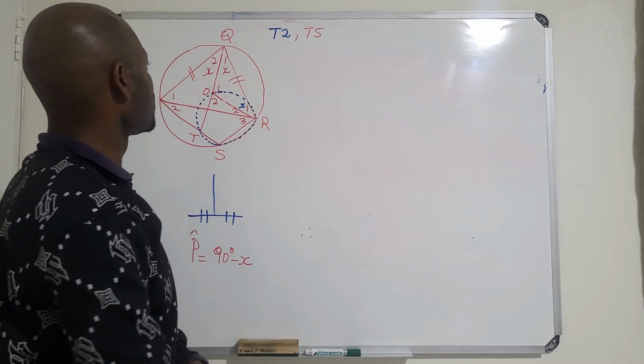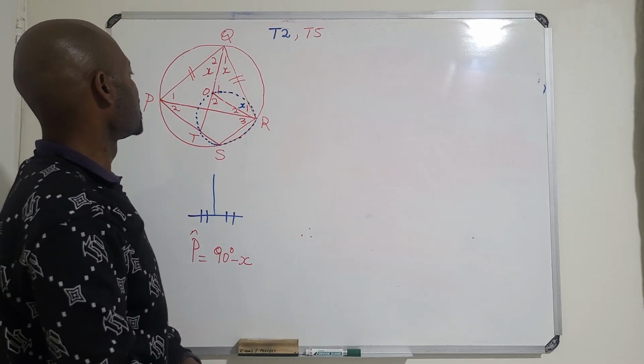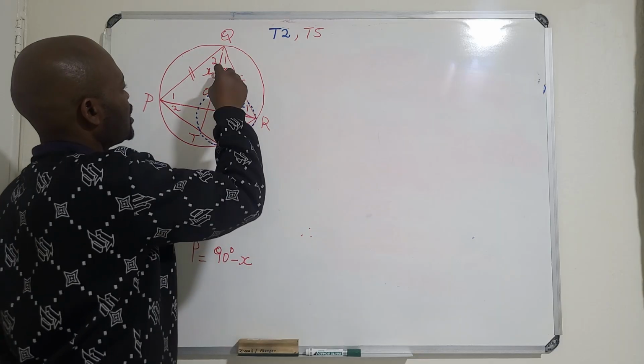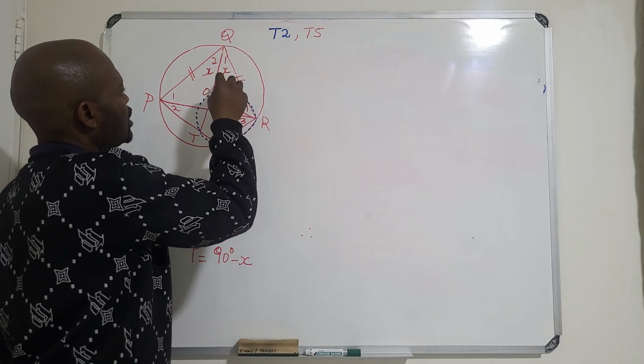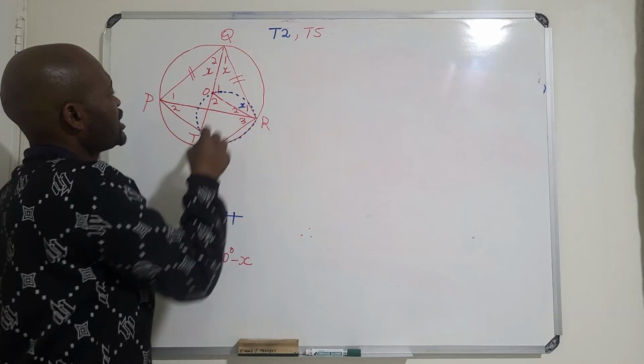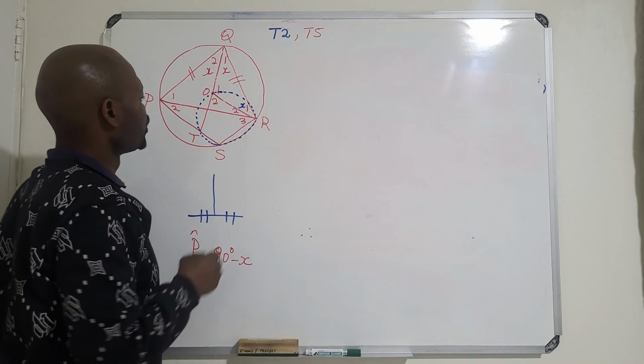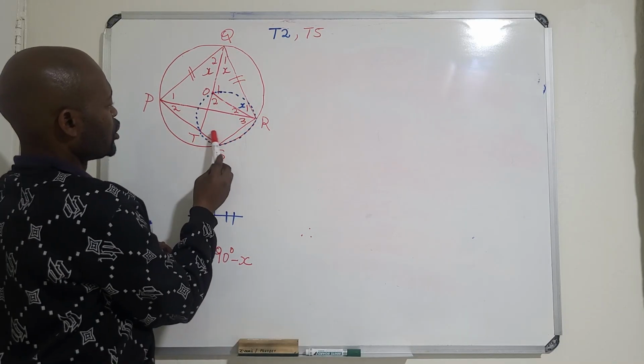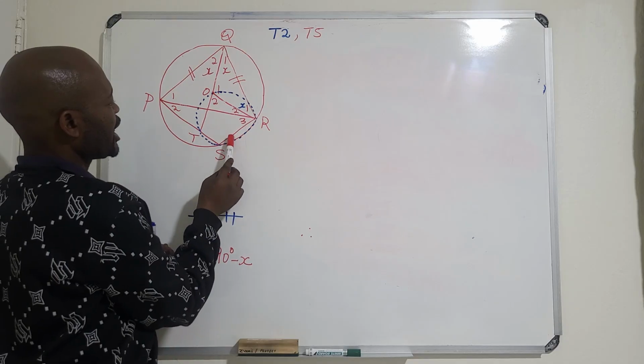For us to prove that it is a cyclic quad, we know that this angle is going to be an exterior angle of a cyclic quad, which is equal to the opposite interior angle.